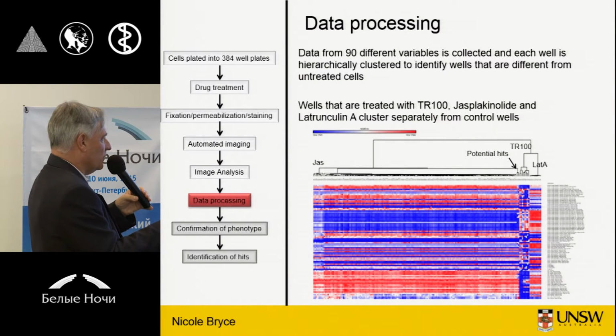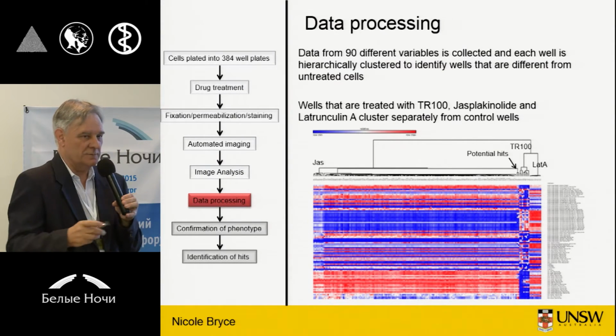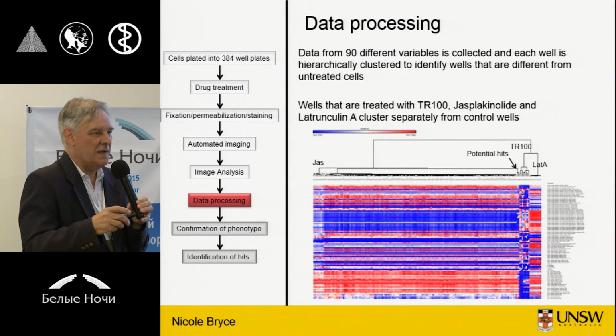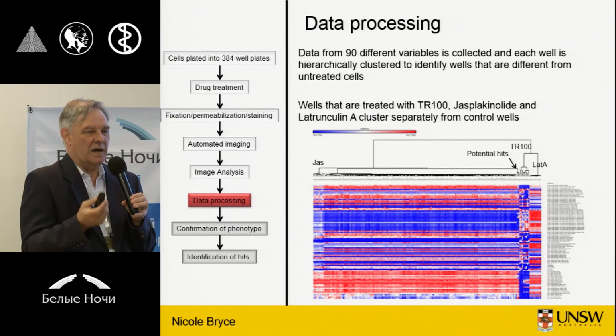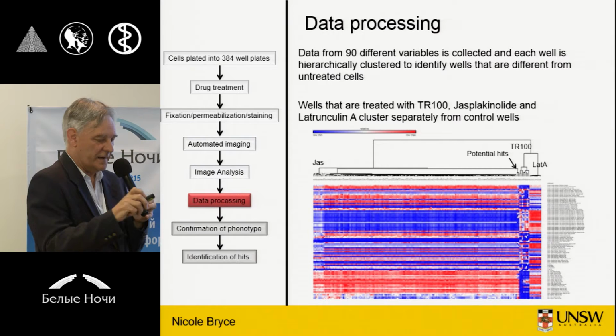What you're looking for is parameter hits where the map of behaviour that you score is similar to what you see for TR100. So it just sounds like a massive amount of computer analysis. What comes out of it are characteristic types of organisation of actin.